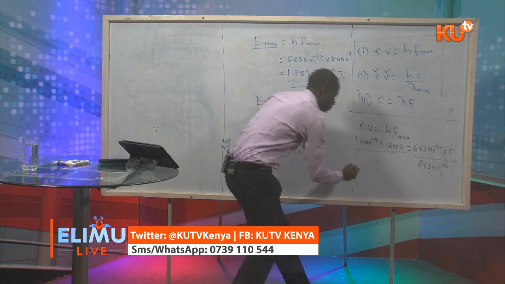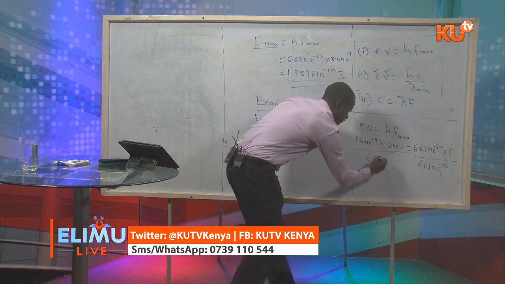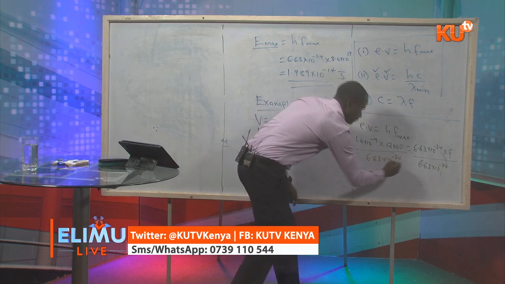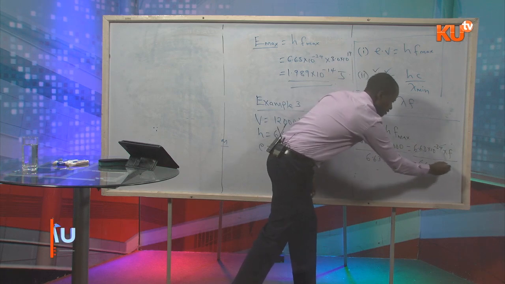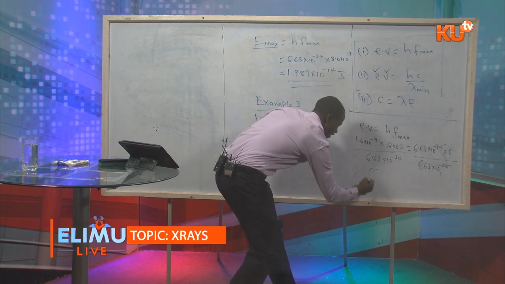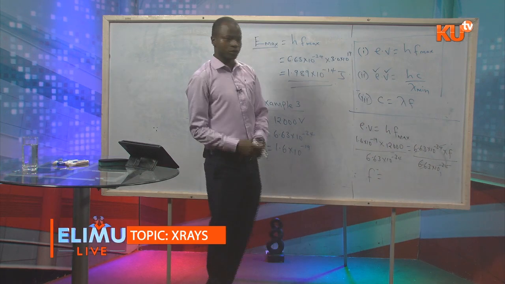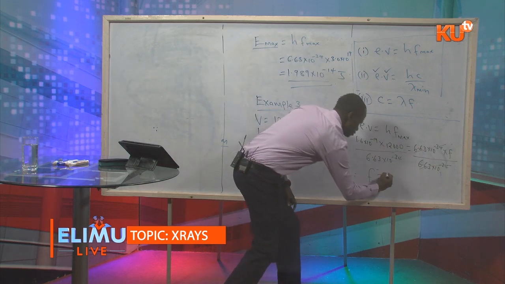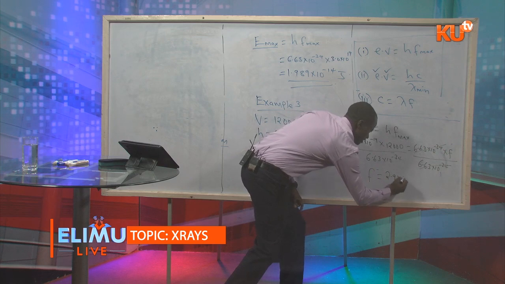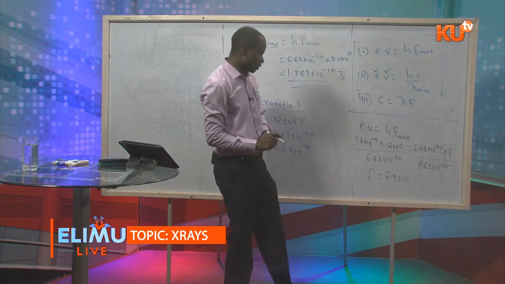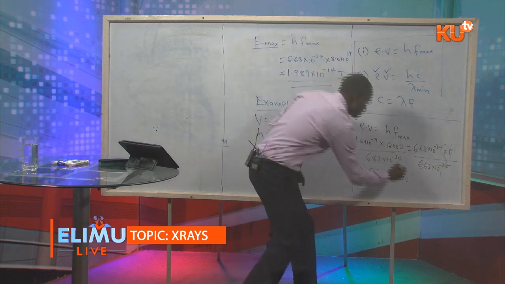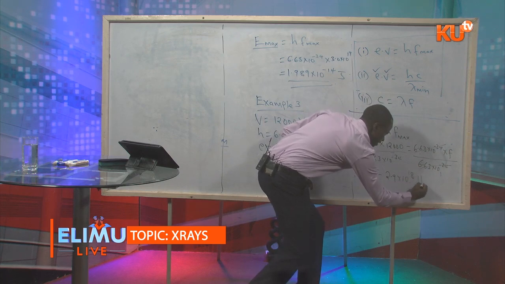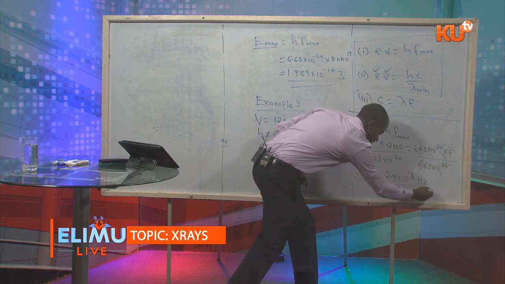So this one cancels this. Then you will have your F as, if you use your calculator very well, something close to 2.9 times 10 power 18. And frequency is measured in hertz, like that.